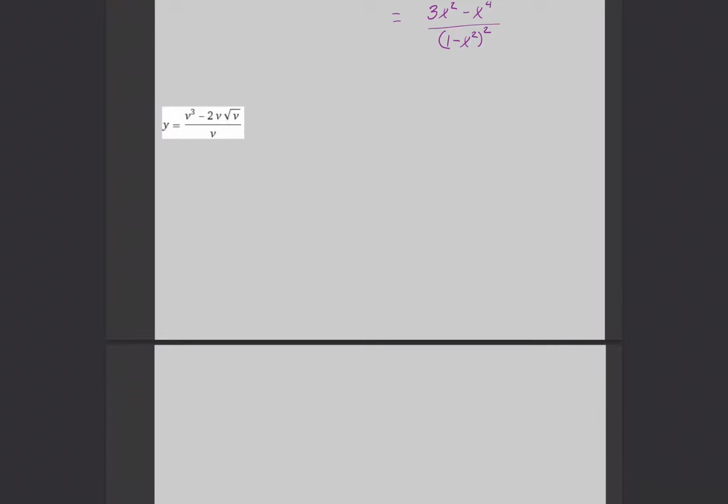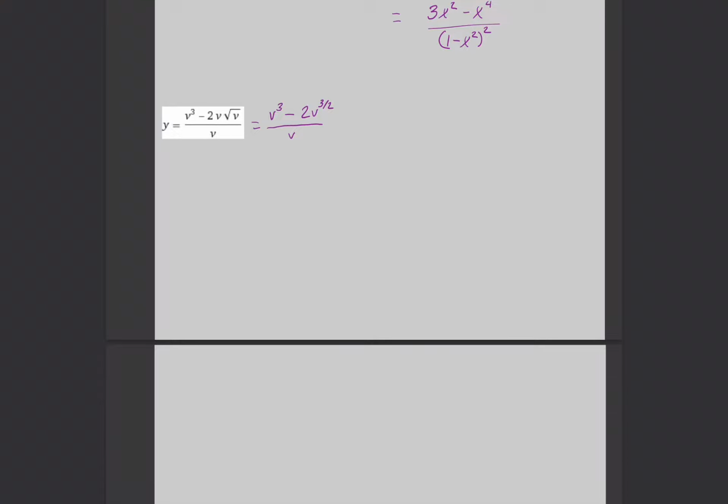For this, it's y equals v cubed minus 2v times the square root of v, all over v. And for this, I'd like to simplify the numerator and make it easier when we're doing derivatives. So that 2v times the square root of v, we can combine, and we'll get 2v to the 3 halves. And our v will still be on the bottom. So these are equivalent.